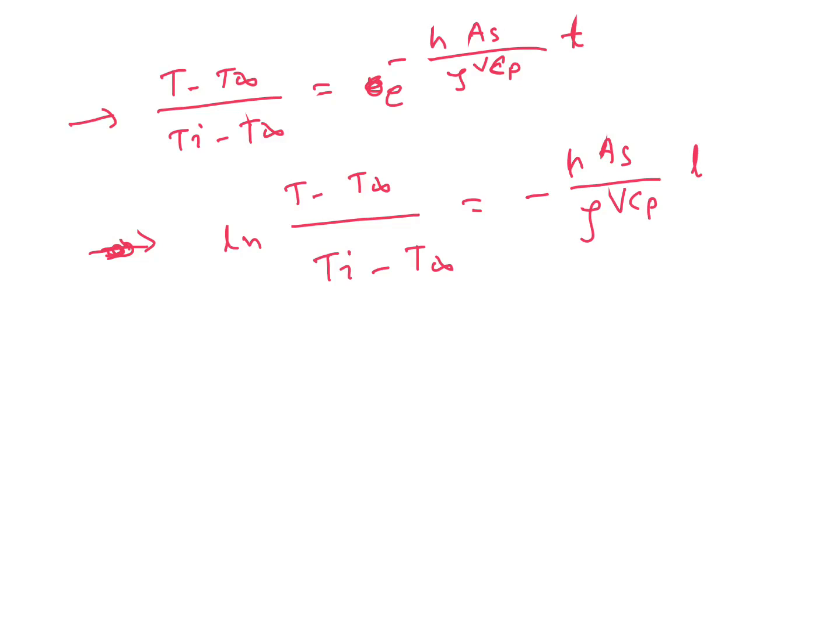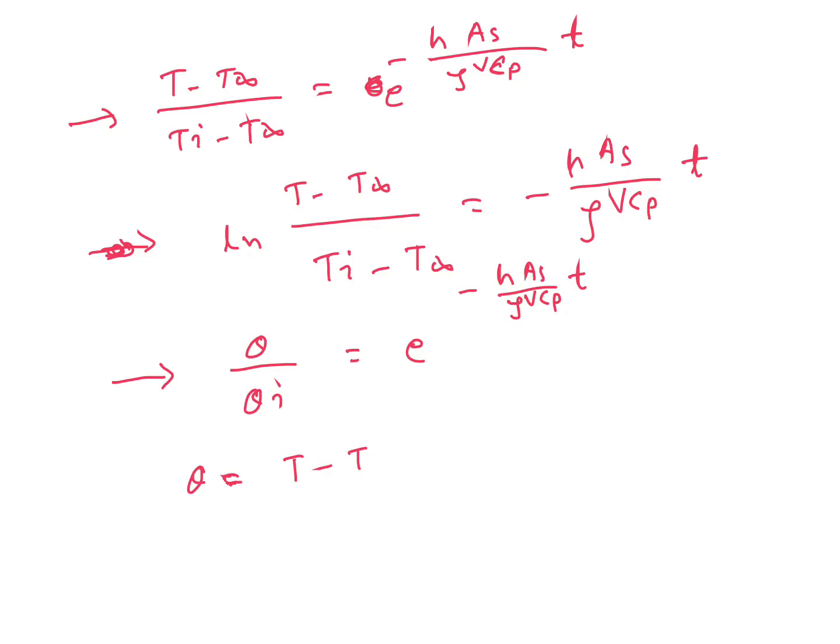So this also we can write as theta by theta i equals e to the power minus h As by rho V Cp t. Theta is the final temperature difference, T minus T infinity.